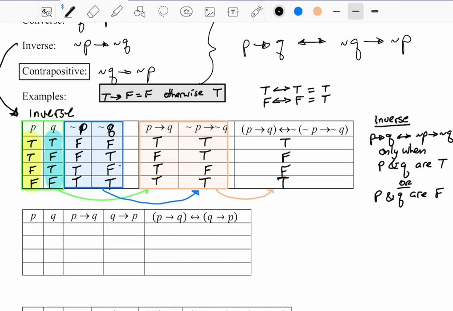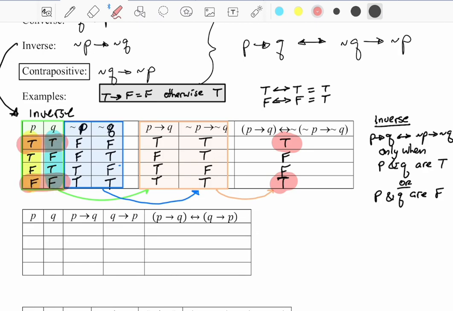Right? And the reason I can say that is just going back to our original statements of truth here. The only instances in which we ended up with a true outcome here and here corresponded with true, true, false, false.